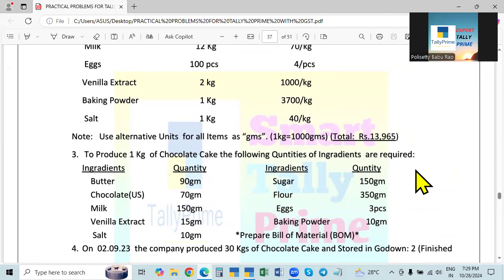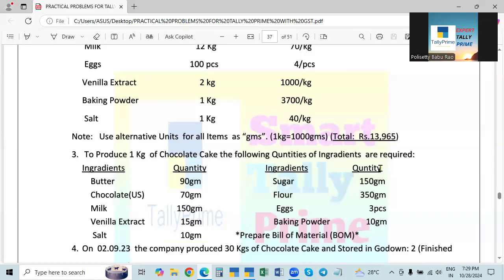In the manufacturing journal, for the manufacture of some quantity of finished goods, we have to enter the raw material and quantity required for production manually, along with the number of units produced. For a single unit it will not be a problem, but if there are two items, it will be a problem for calculation. That's why always use the automatic method.